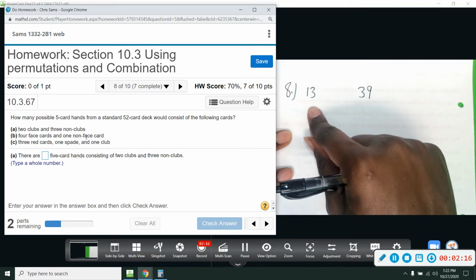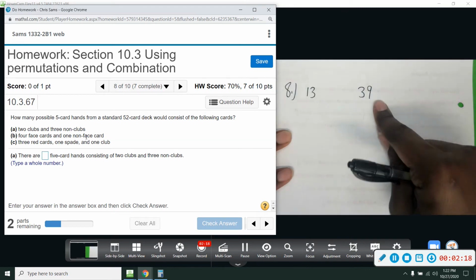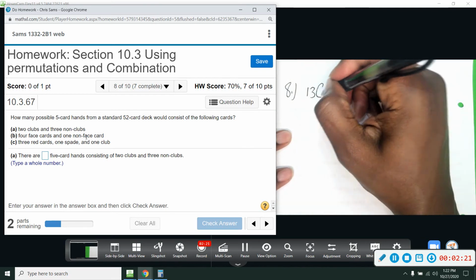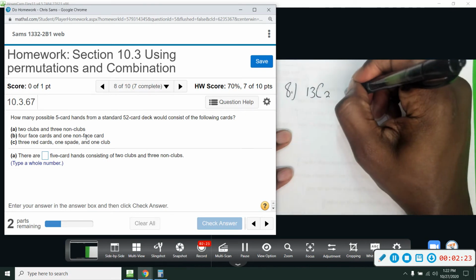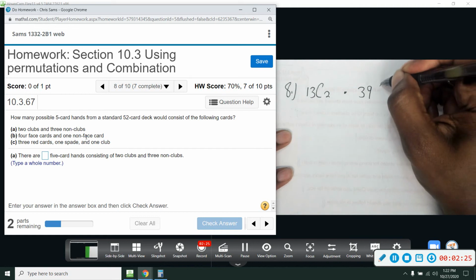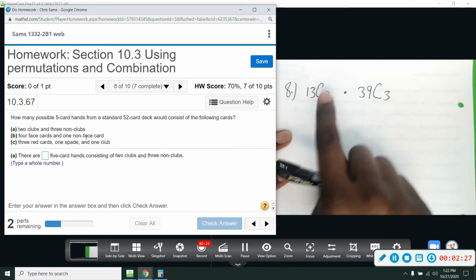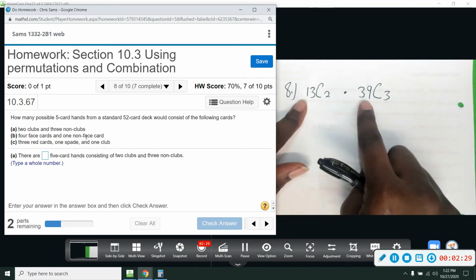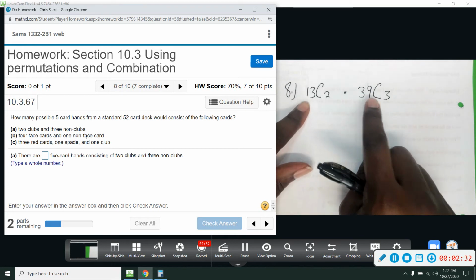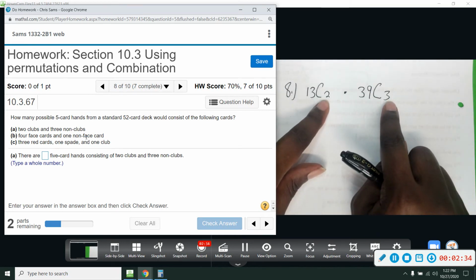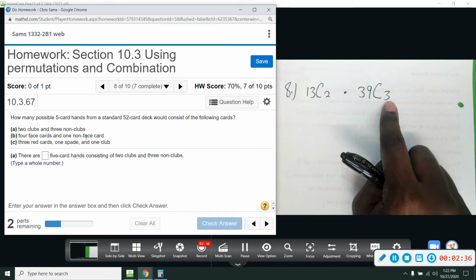We want 2 clubs and 3 from here. So we're going to do 13 choose 2, and we have to multiply 39 choose 3. So this is going to make a 5-card hand. These 2 front numbers add to be 52. The 2 back numbers add to be the 5 that we're choosing altogether.